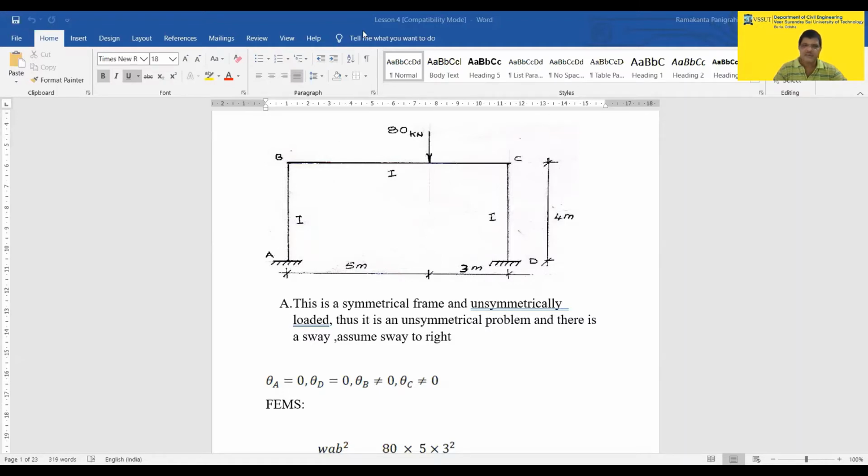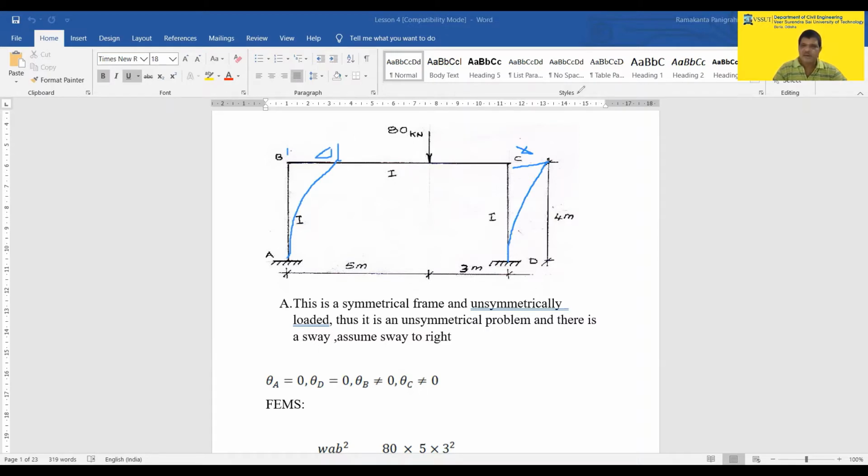That means it will sway this way, with a value delta from here to here. We'll take positive sway.